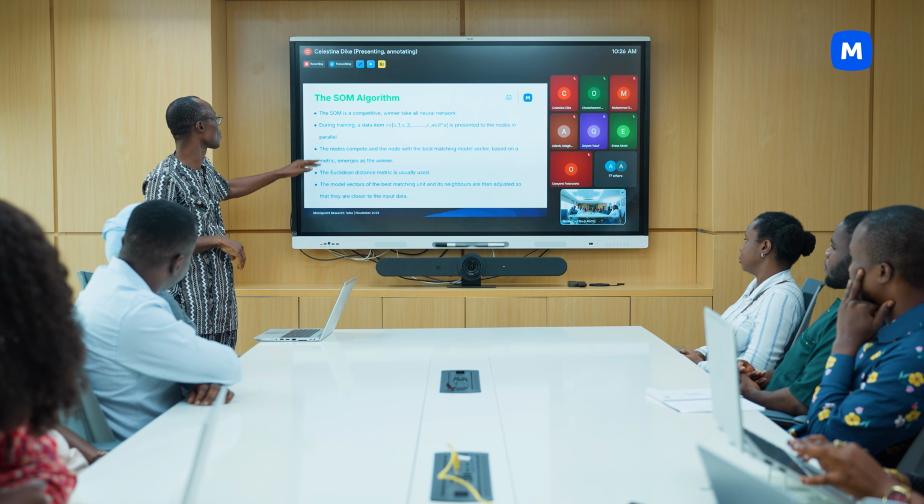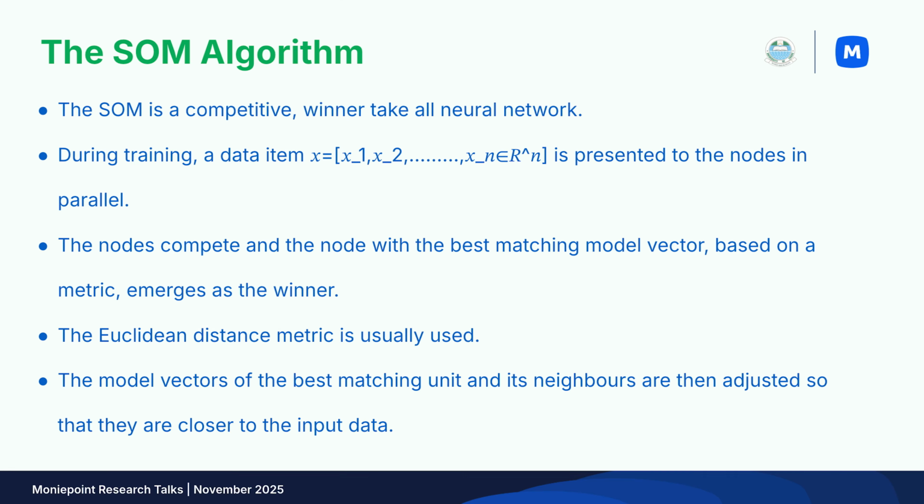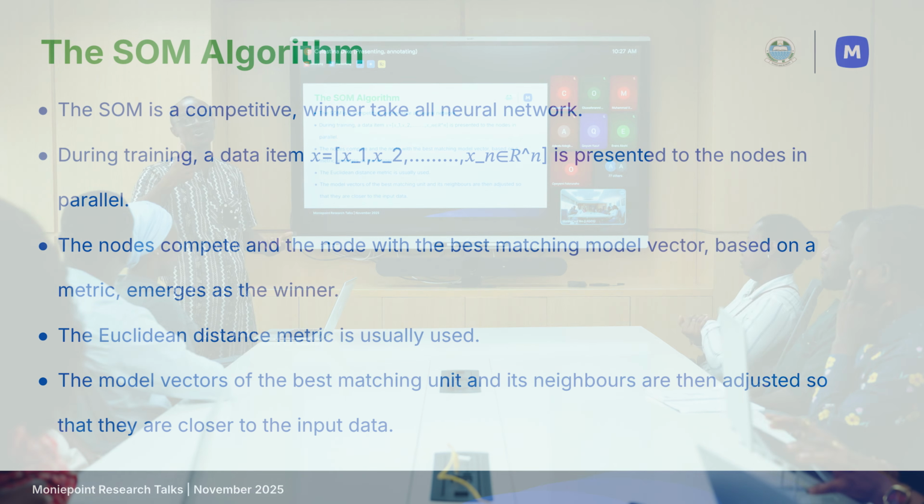You understand? So the algorithm basically is competitive, right? We have our data that is presented. By the time we match our data and transform it with our model vector, a value is gotten. And so we say, out of all these values that my 100 nodes have gotten, which one matches best? The one that matches best, we call it the winner.